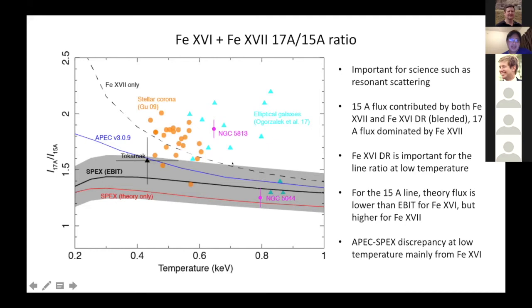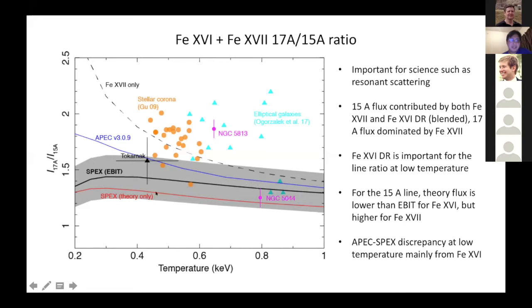For the neon-like iron itself, the 3s to 3D ratio is increasing towards low temperature, while the DR line from sodium-like becomes more and more important at low temperature, so that the overall 17 versus 15 line ratio bends over eventually. And this is shown in this black EBIT curve, which is now incorporated in SPEX.